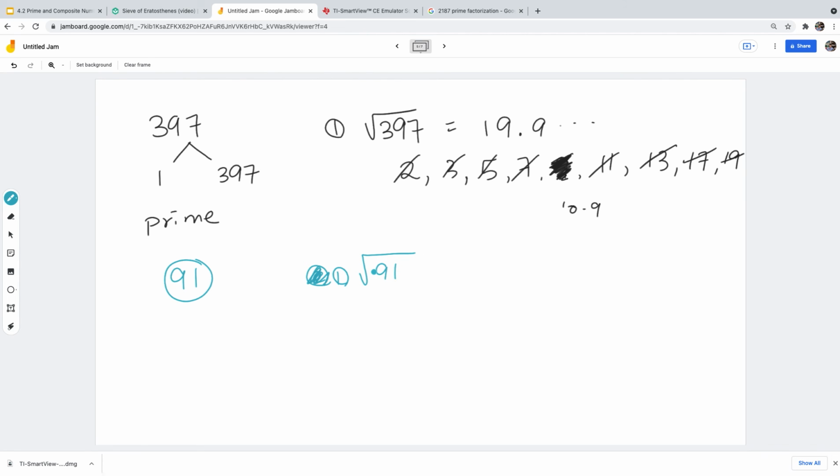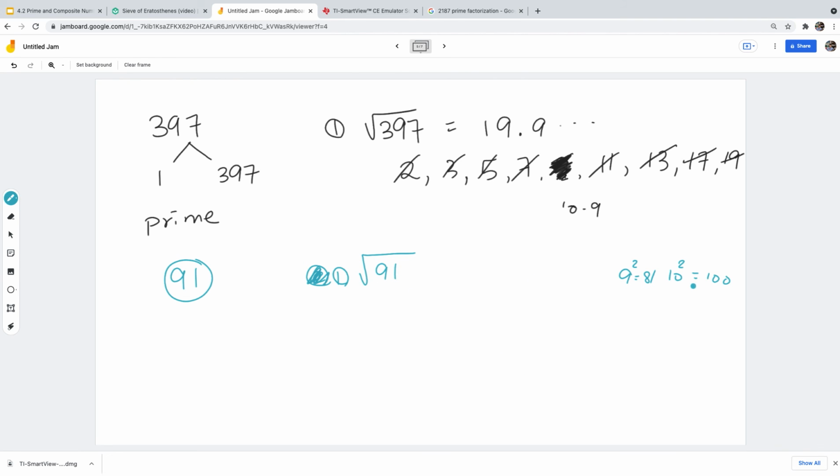If you don't have a calculator, you can also think about it this way: 10 times 10 is 100, and 9 times 9 is 81, right?